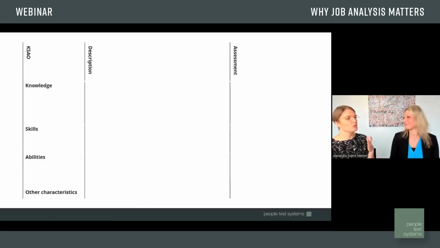All right. So we said no recipe, but still we want to introduce this form that you can use for conducting job analysis in the future. It lists the case house, and then we want you to describe each case house, and then figure out which assessment method you would use to cover each of the described case house.